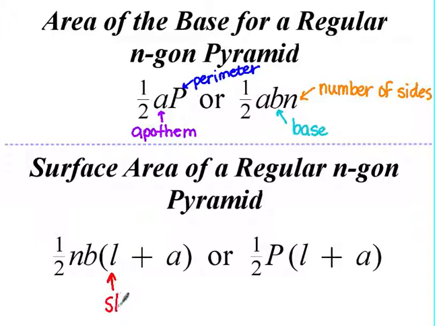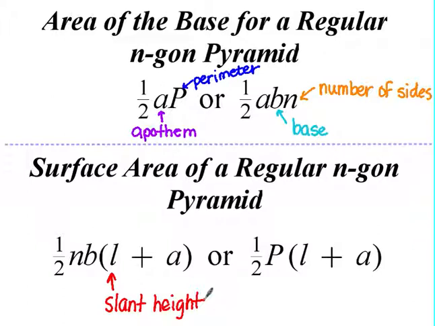Slant height. Okay, so there you go. Oh, that's an L. That is an L. Once again, those two equations are similar in that the perimeter is going to be N times B. That's how you would find the perimeter.